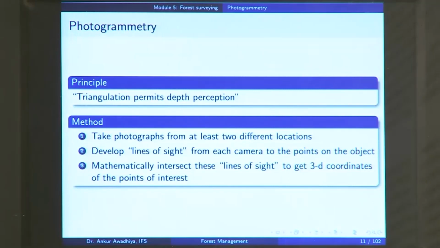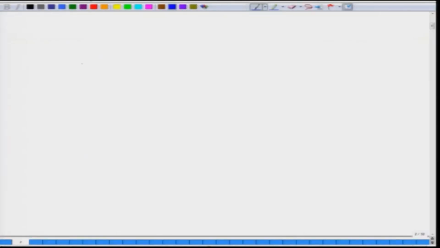The principle that it uses is triangulation. So, in the process of triangulation you are able to perceive depth. Now, what does that mean? So, for instance, you are looking at one object and you are looking at it from 2 different points. So, you are looking at this object. So, you are taking one photograph, or let us make it in a plane surface. So, you are having one photograph and you are taking another photograph.